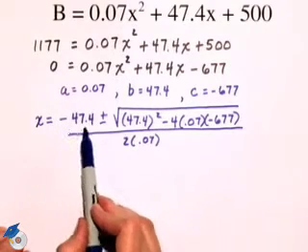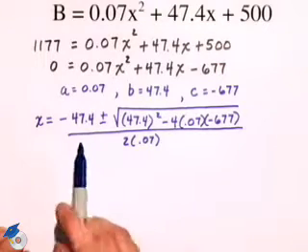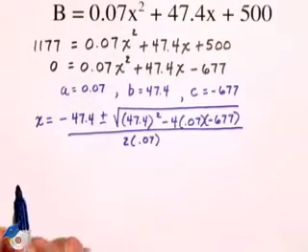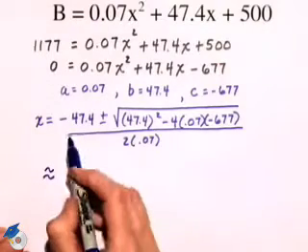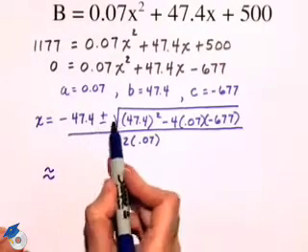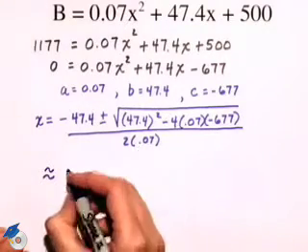We can automatically exclude the second value because it would be a negative year, and we're looking for years after 2004. So really our only solution is going to be approximated by negative 47.4 plus whatever I get when I calculate this radical divided by 2 times 0.07.